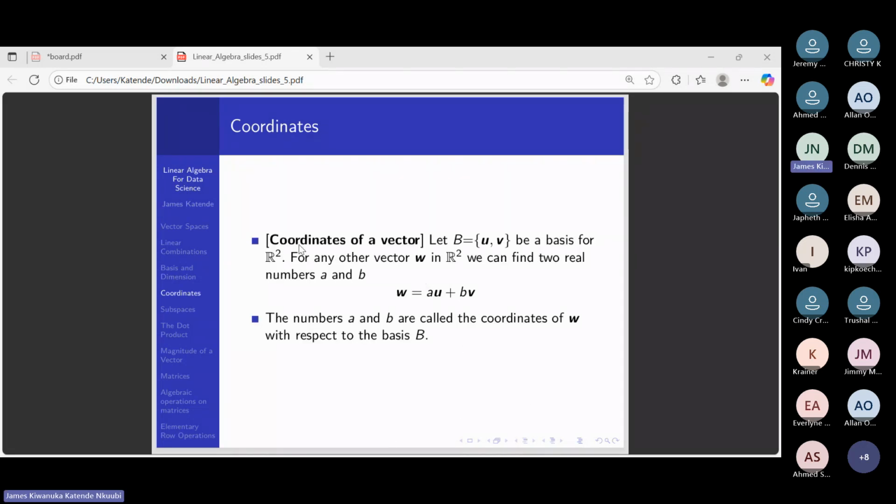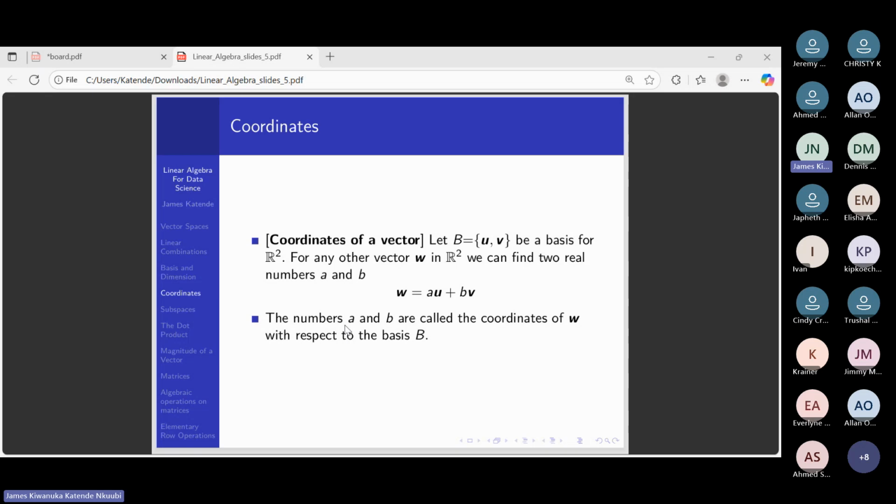So we will now define the coordinates of a vector. If you have any pair of vectors, u and v in R2, and they form a basis, and you pick any other vector w in R2, because it's a basis, it's always possible to express that vector as a linear combination of the 2 vectors in the basis.